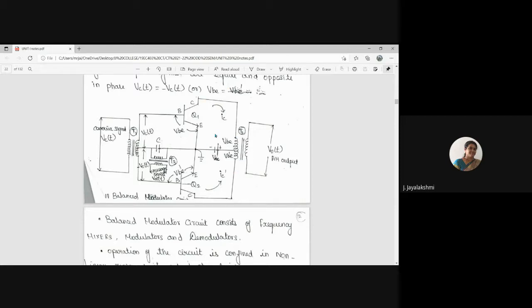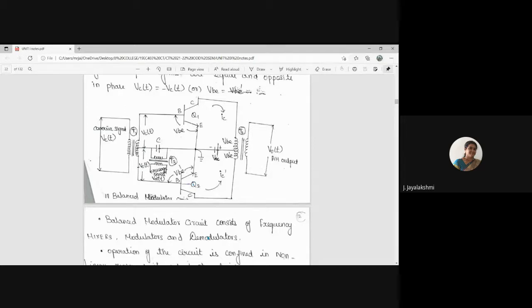This is due to the positive half cycle of the input signal and due to the negative half cycle of the input signal. This current is taken as IC and this current is taken as IC dash. And this is the bias voltage VCC. This bias voltage will be sufficient in such a way that these two transistors operate in the nonlinear region of the output characteristic curve.